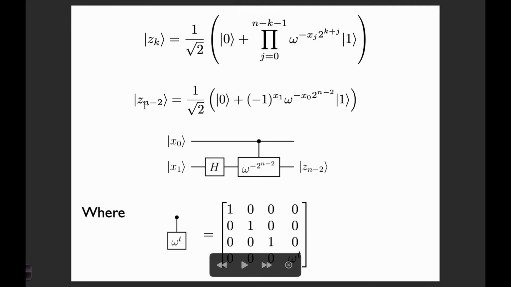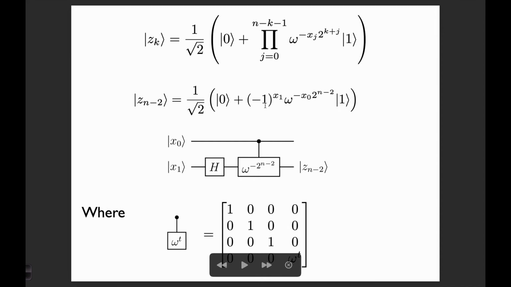So z_{n-2} depends on the two least significant bits of x: x1, and now also x0. And now we see that we can build up the state iteratively, just by multiplying the right phases on the one state.